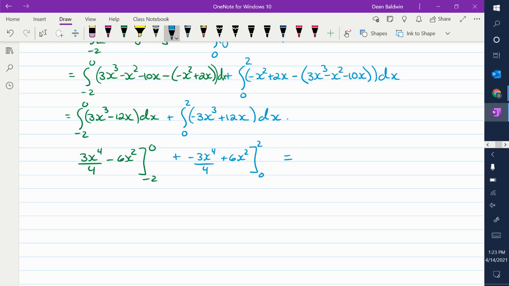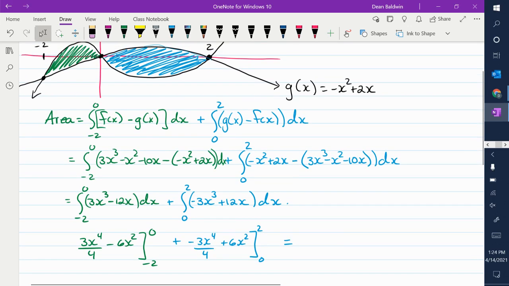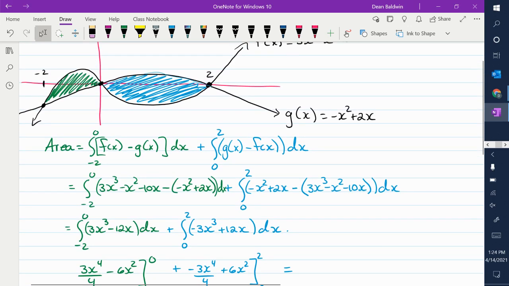What do you mean? Well, just do the green all by itself. The 0 goes in. Oh, like this? Think of it as the top curve minus the bottom curve.